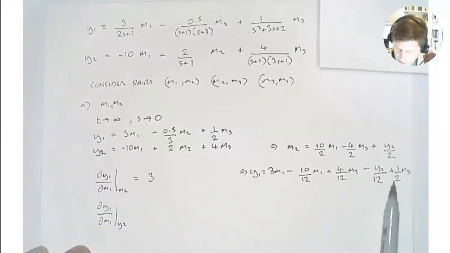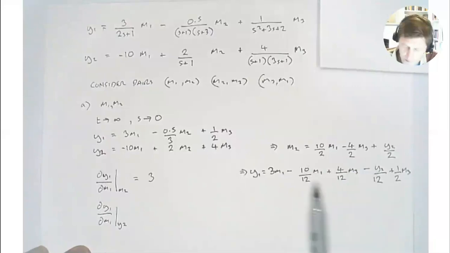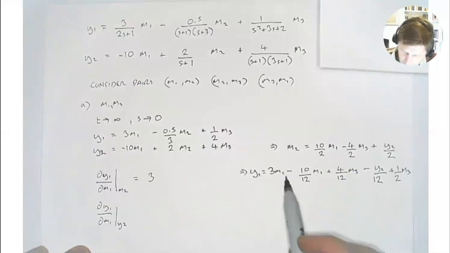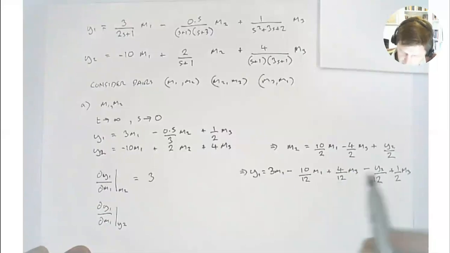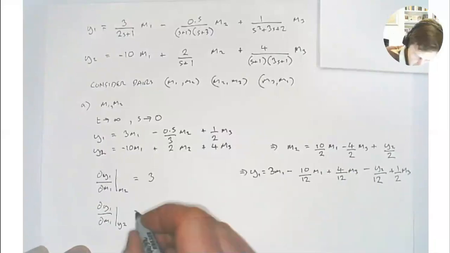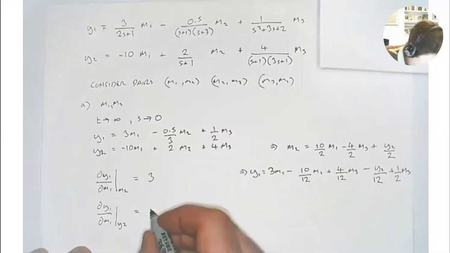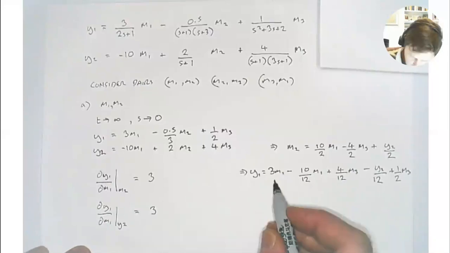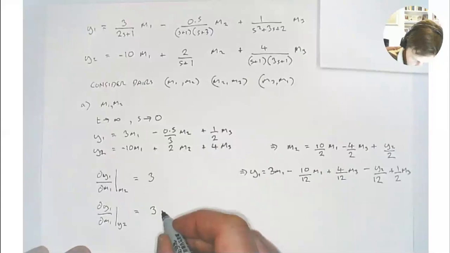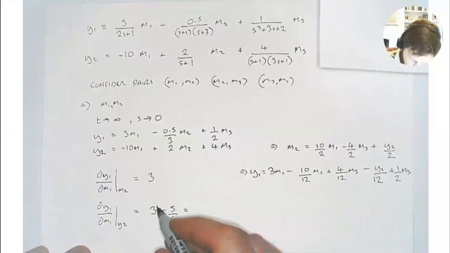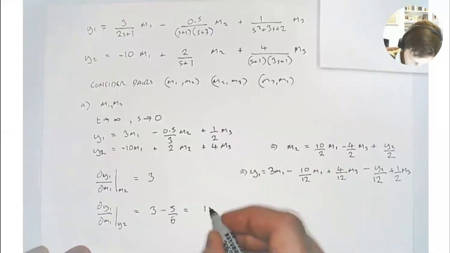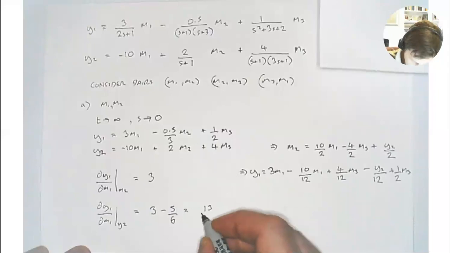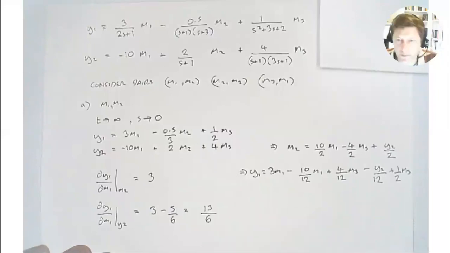So we've substituted in to get rid of the m2, and now we can take the differential of this with respect to m1, where y2 is going to be constant and m3 is constant. And so now this differential becomes 3 minus 10 over 12, well, that's minus 5 over 6. And that's going to be 18 minus 5, which is 13 over 6.